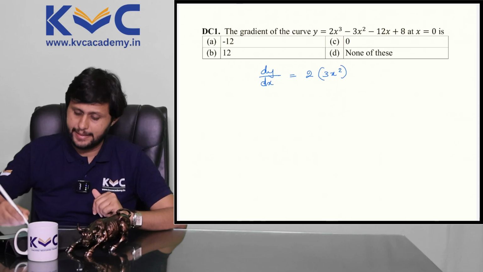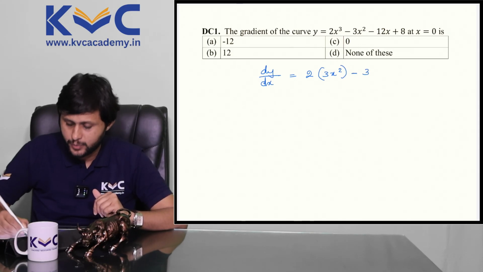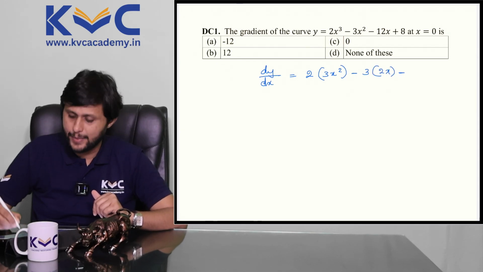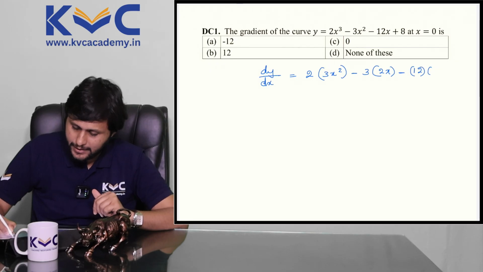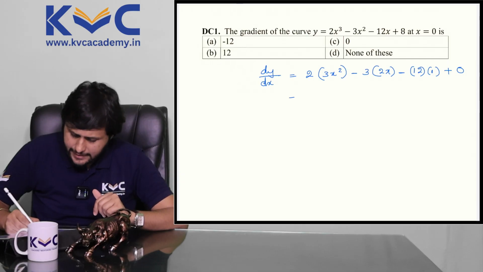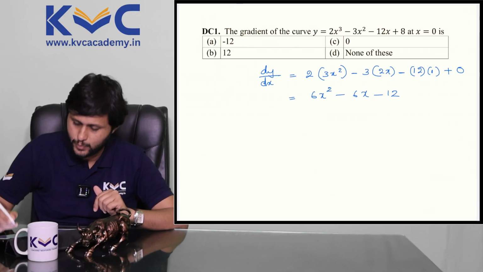Differentiation of x cube is 3x square, minus differentiation of 3x square. Now 3 outside. Differentiation of x square is 2x, minus differentiation of 12x is 12 into 1, and differentiation of 8 is equal to 0. Just simplifying this, you get 6x square minus 6x minus 12.